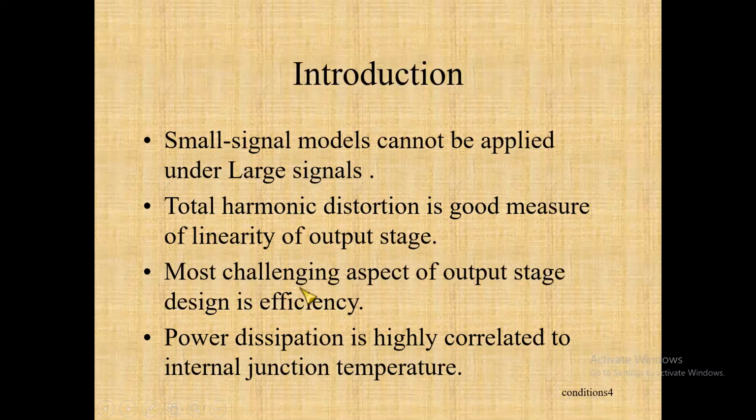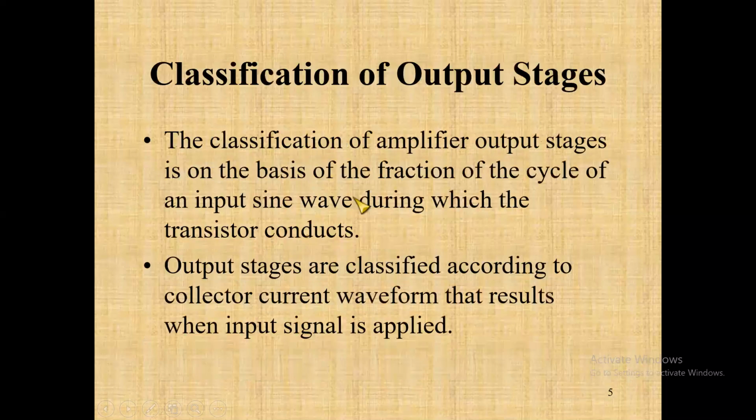Also, for the output stages, the most challenging aspect is its efficiency. Whenever we design the output stage, it is the efficiency which is most important. When there is a lot of power dissipation, then internal junction temperatures will be an issue. So the power dissipation is concerned with the internal junction temperature.